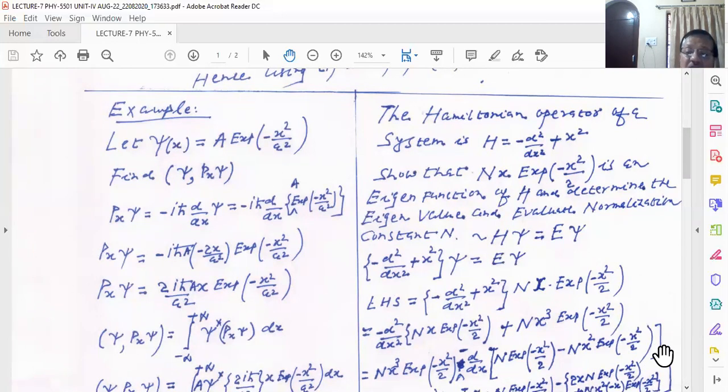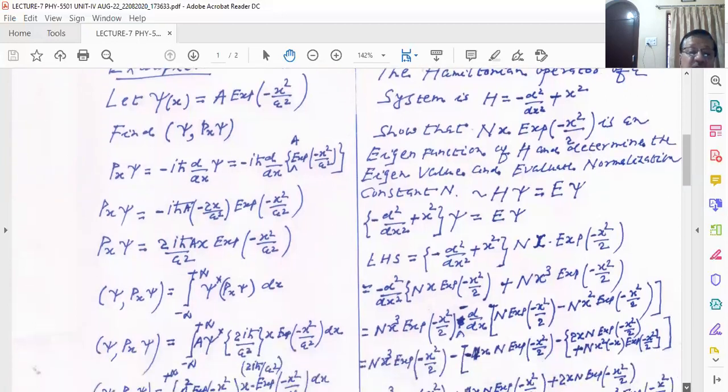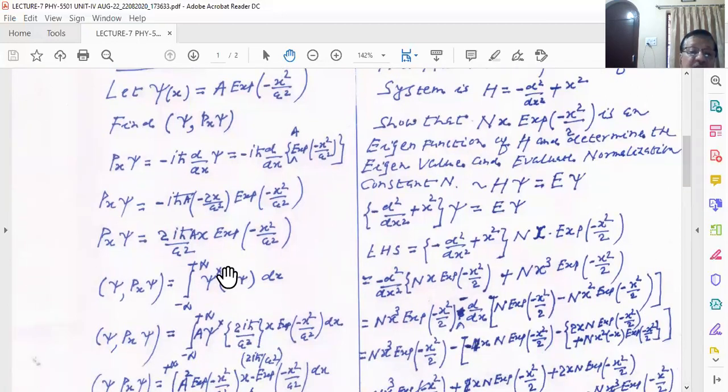Anyway, look at the expression which I write down. First I keep psi star as it is, and I put p_x psi. p_x psi is this: 2 i h-cross over a squared, a x, times the exponential of this. So you can see I kept here 2 i h-cross, the constant a I kept here, divided by a squared, then the exponential of minus x squared over a squared dx.